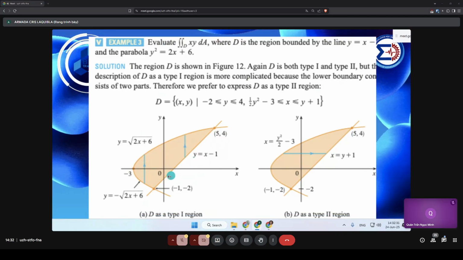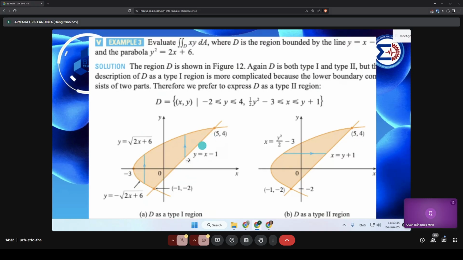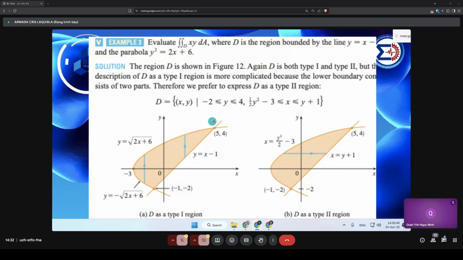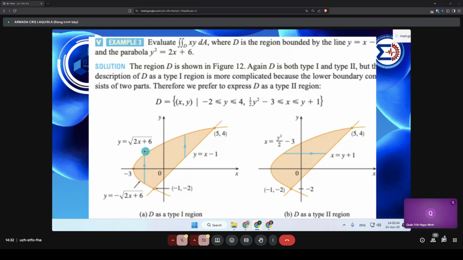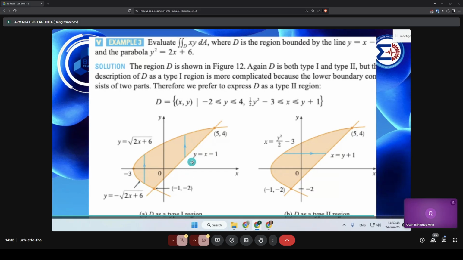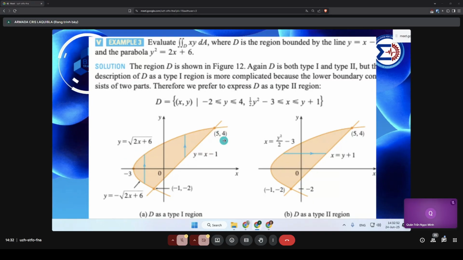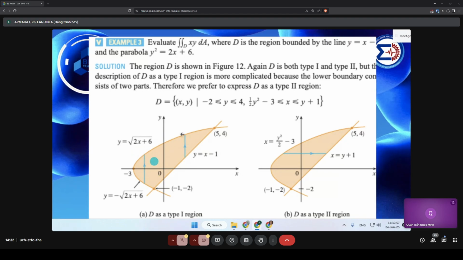And in this part here, in this area, this is the lower, y is equal to x minus 1, and the higher is this, the y is equal to square root of 2x plus 6. So you have the different lower, right, and the same higher value. Okay, so you cannot use this.